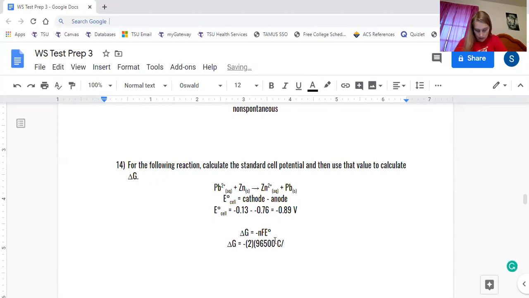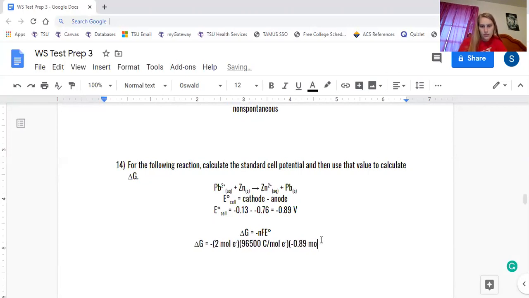Moles of E minus, which is our same unit from over here. And then times our E cell, which we just solved for. So that's our negative 0.89 volts.